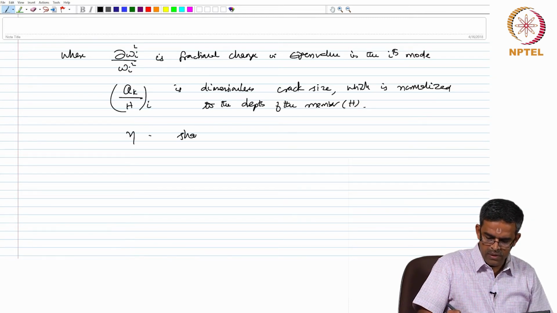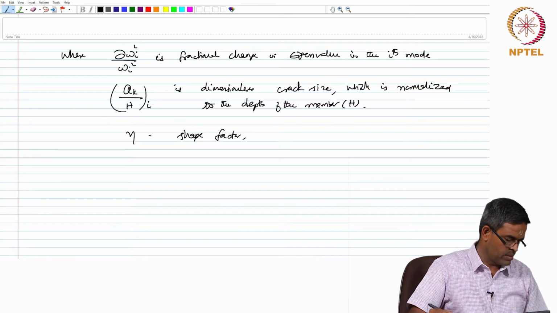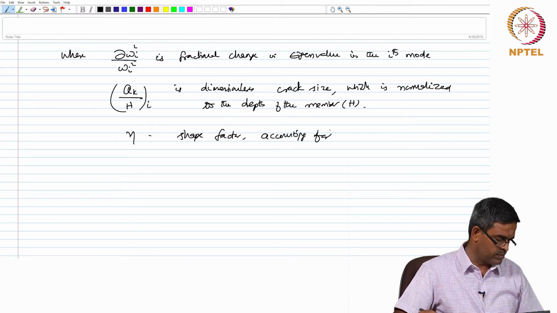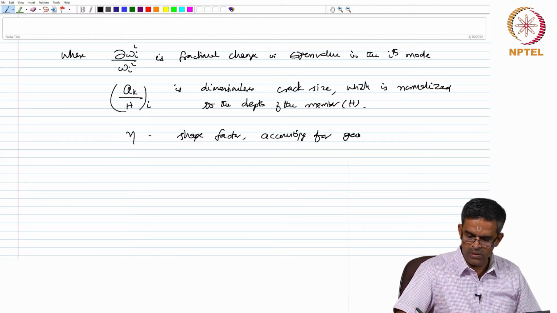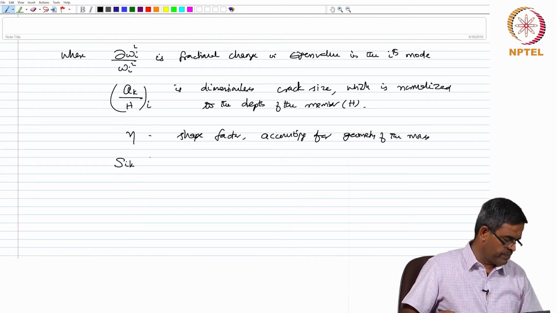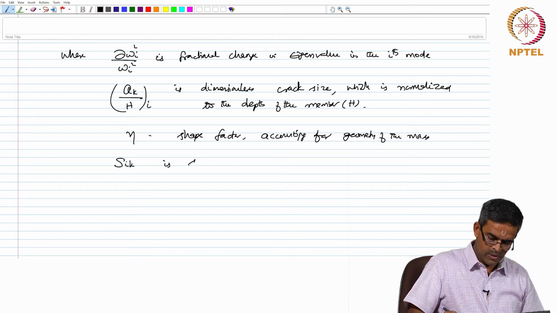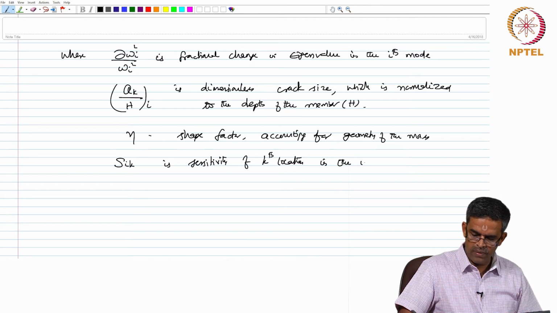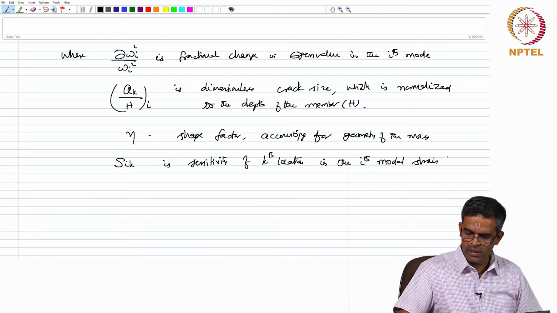Eta is the shape factor accounting for geometry of the mass. Sik is sensitivity of kth location in the ith modal strain energy.